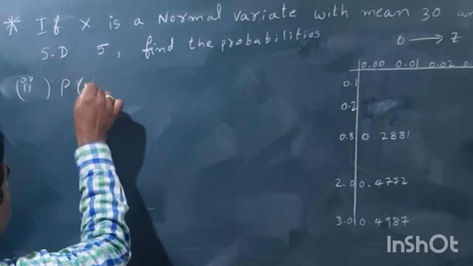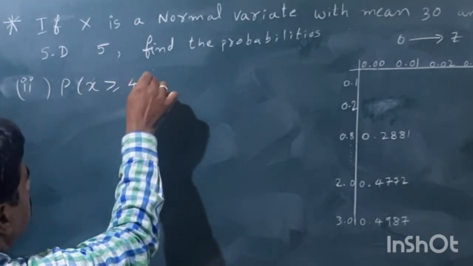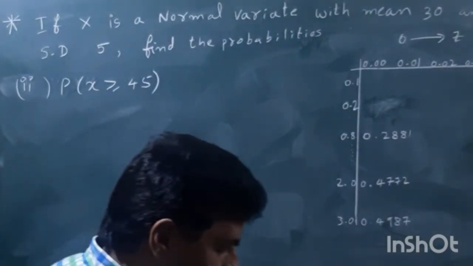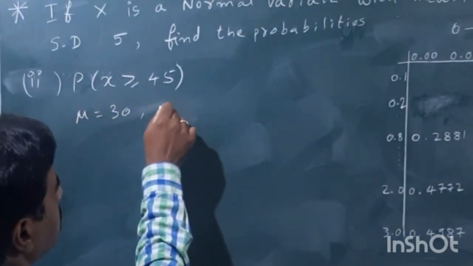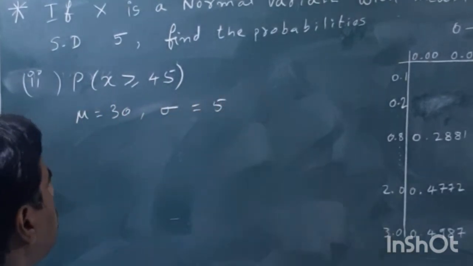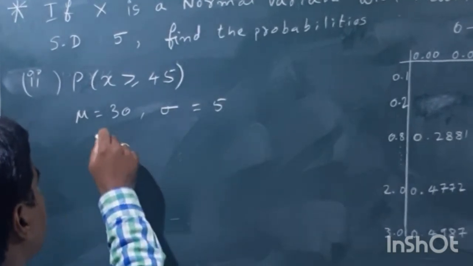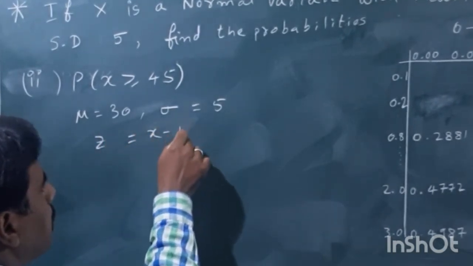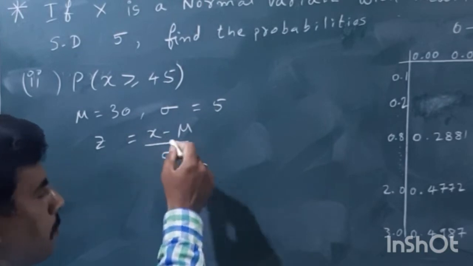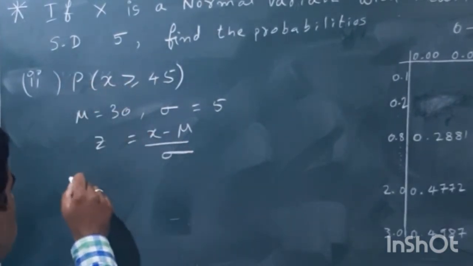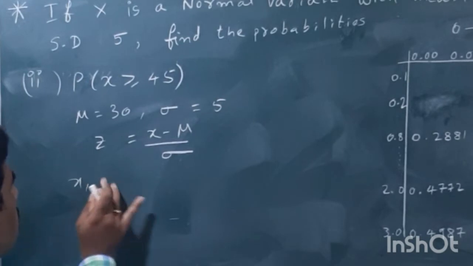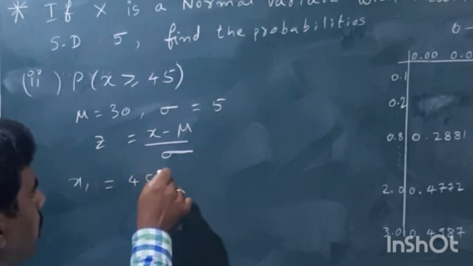The second problem is the probability when x is greater than or equal to 45. Mean mu is equal to 30, sigma is equal to 5, and z is given by x minus mu by sigma. Here x1 is equal to 45.